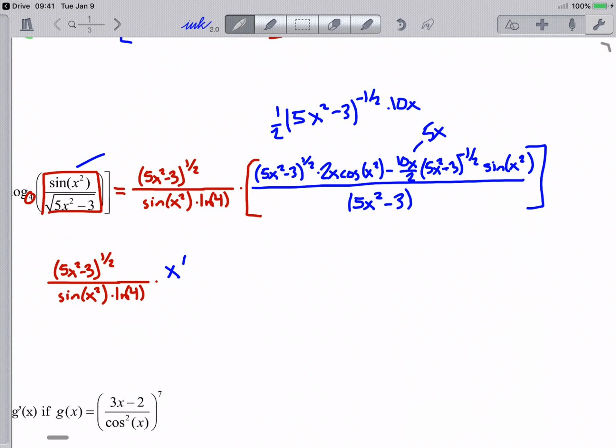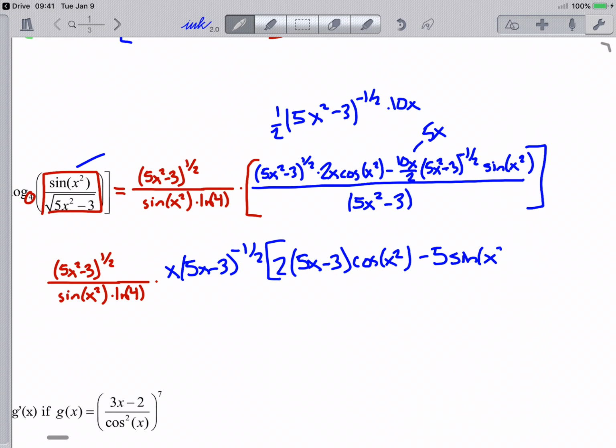And I can also factor out 5x squared minus 3 to the negative 1/2. And that's it. So then I've got 2 times 5x squared minus 3 times the cosine of x squared minus 5 sine of x squared.